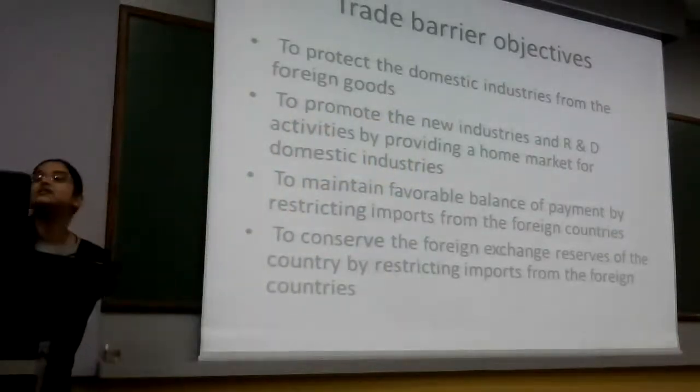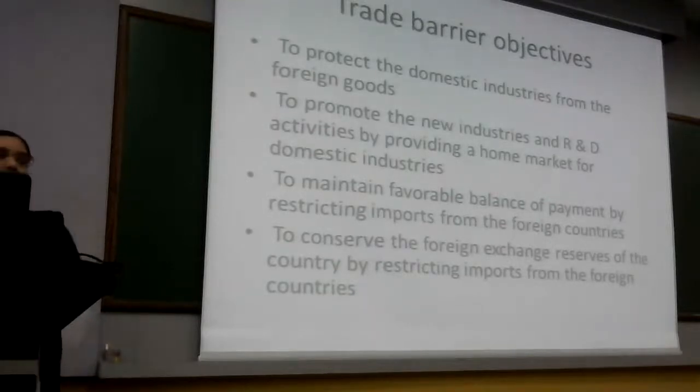Generally, it is the balance between import and export. You have to maintain a favorable balance between your import and export. It should not be that your import is more and export is less. That is also a very negative aspect for a country.